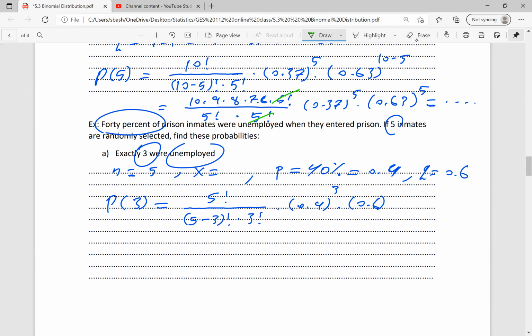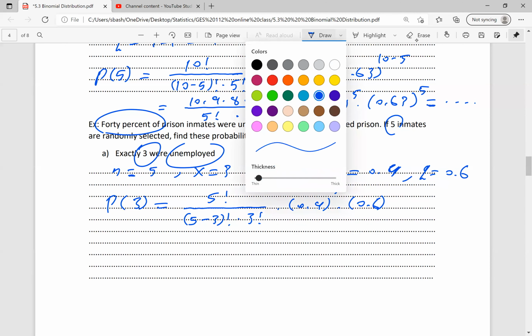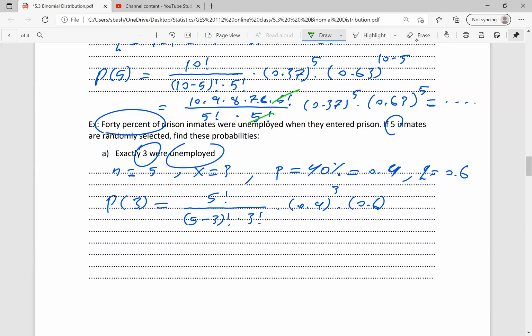This is x equal to 3. So 5 minus 3 is equal to 2.